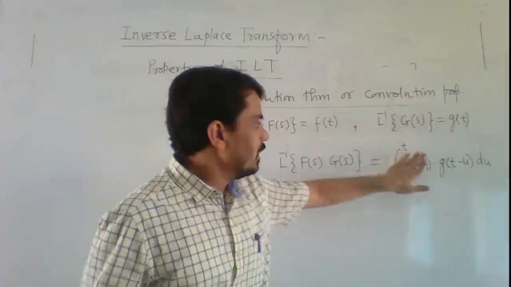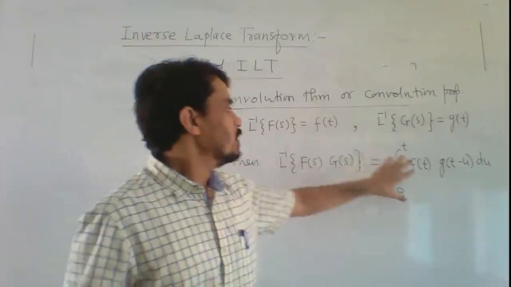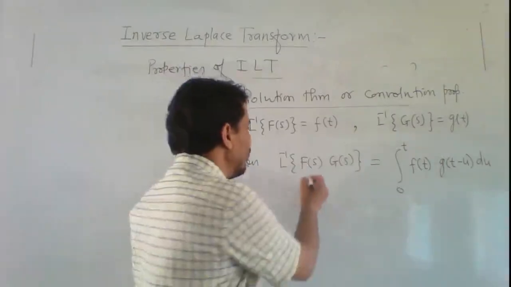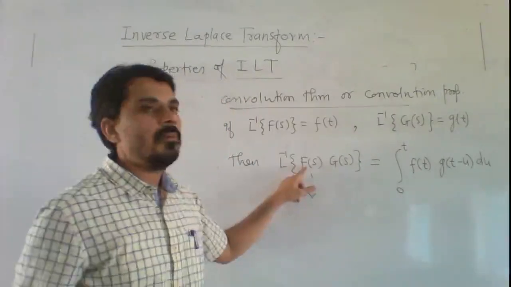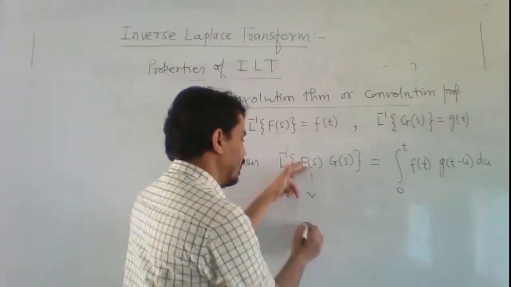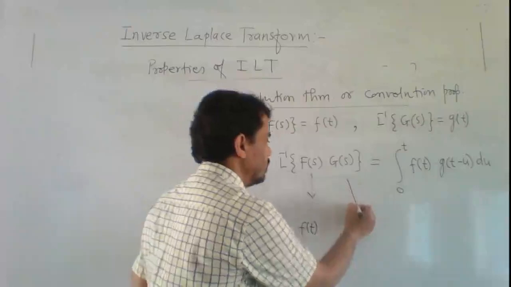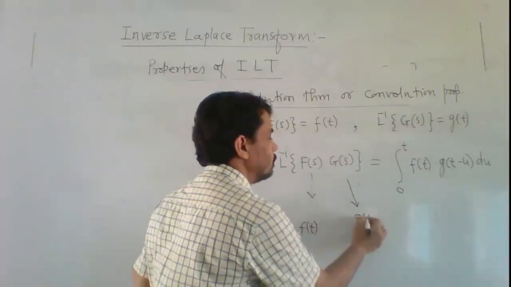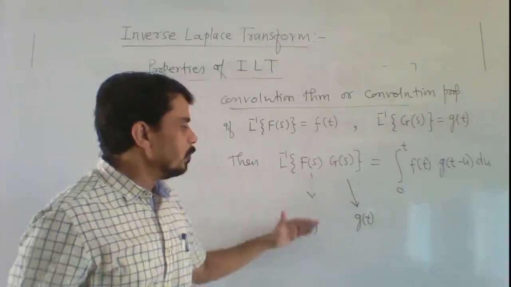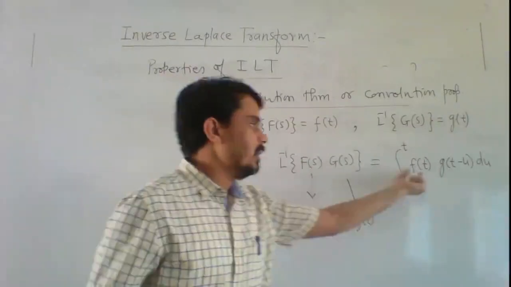So to find the inverse Laplace of a product of two functions, first find separately the inverse Laplace transform of both the functions. The inverse of f of s is denoted by f of t, the inverse Laplace of g of s is denoted by g of t. Now put both the values in the integral 0 to t f of u.